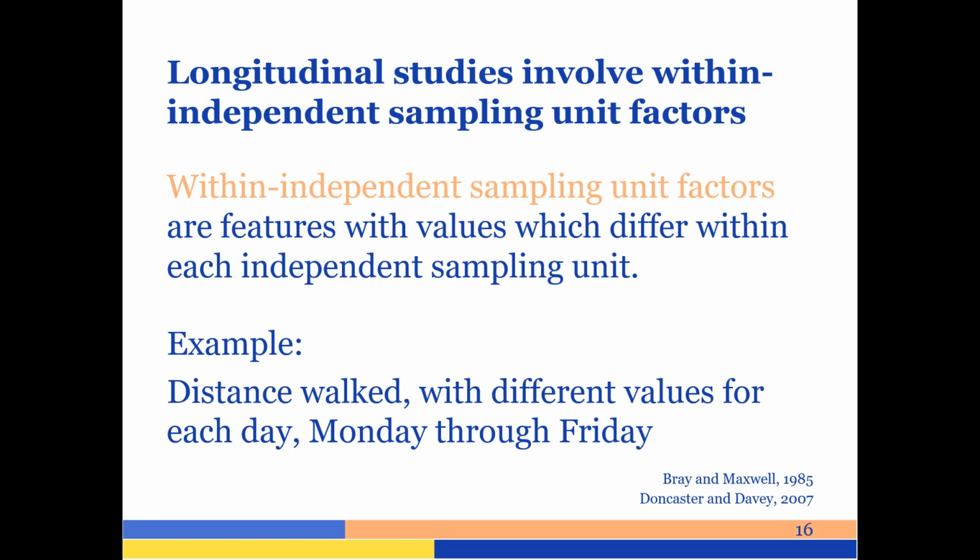This just means that it is a factor in which the same independent sampling unit offers different values or measurements. Longitudinal studies always have a within factor because this is time, and time is a within factor. In the example here, each independent sampling unit, or person, provides a different measurement of distance walked each day for 5 days. The within factor here is time.